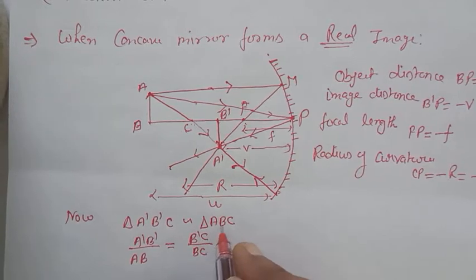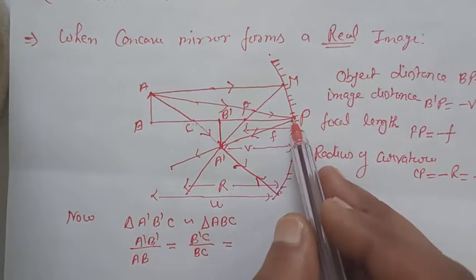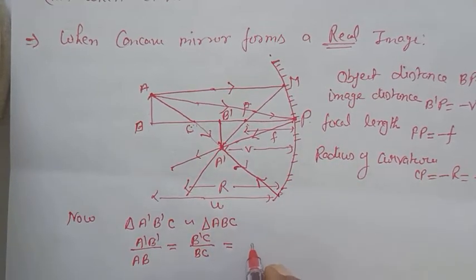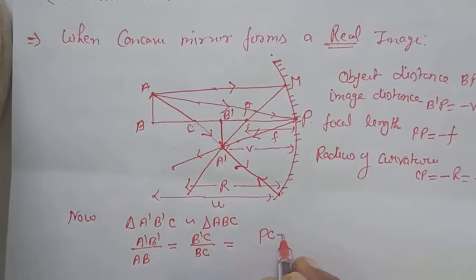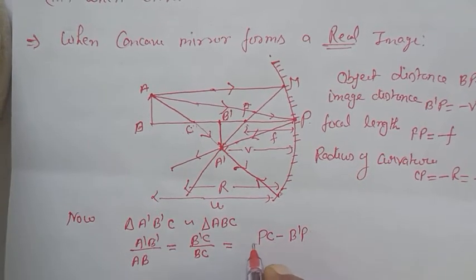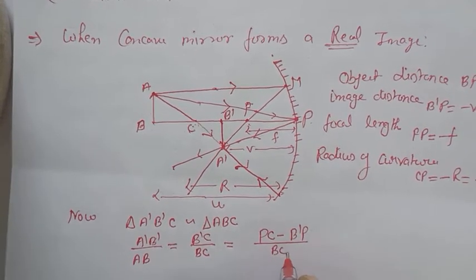B dash C can be written as PC minus B dash P, and BC as it is.